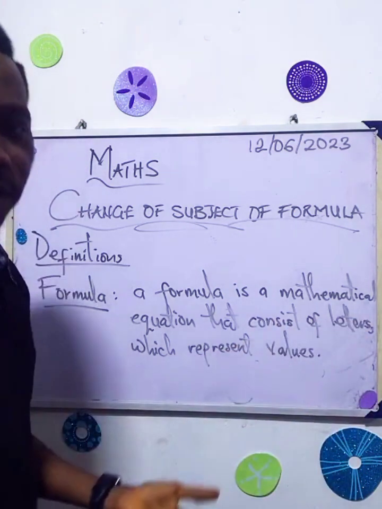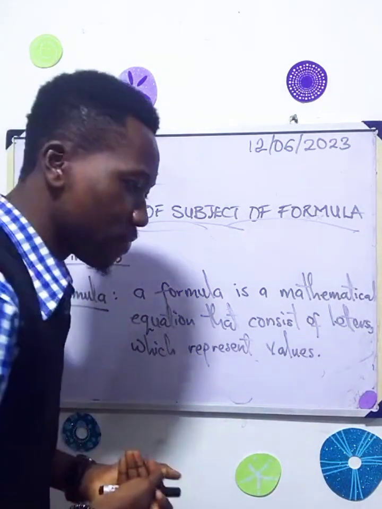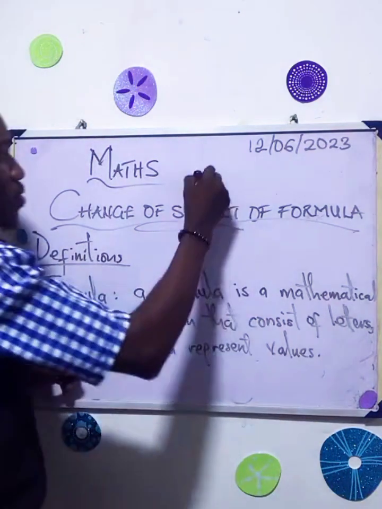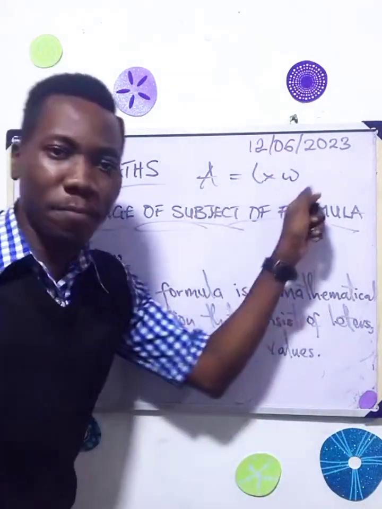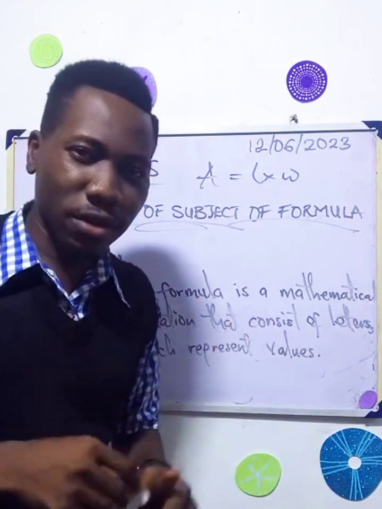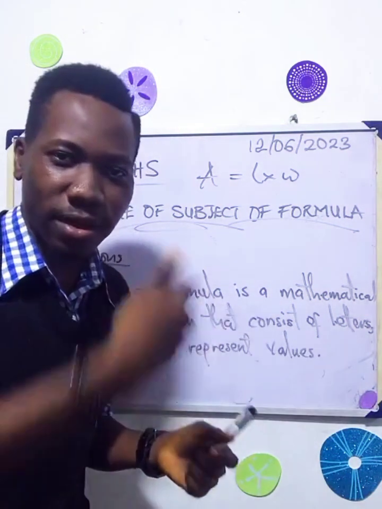An example of a formula is a common one, the formula of area of a rectangle. Area equals length times width. So this is an example of what a formula looks like. A formula is an equation. When we started algebra, I defined these terms for us. What's an equation?